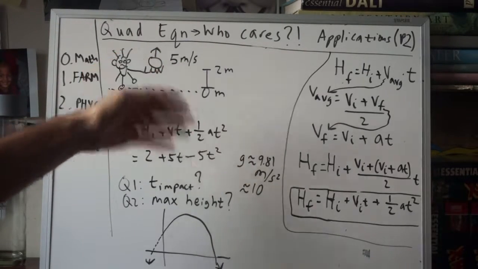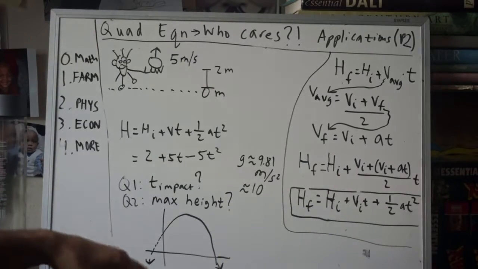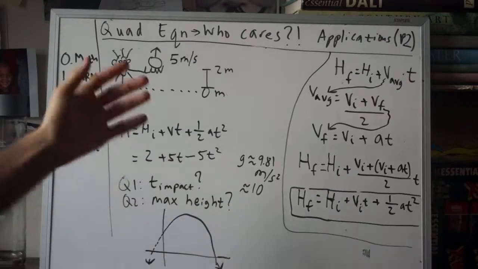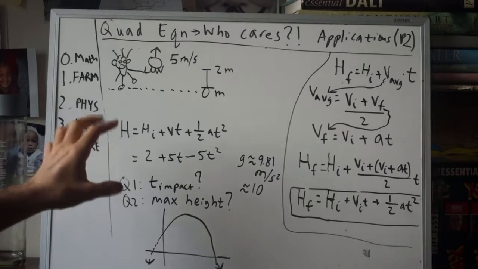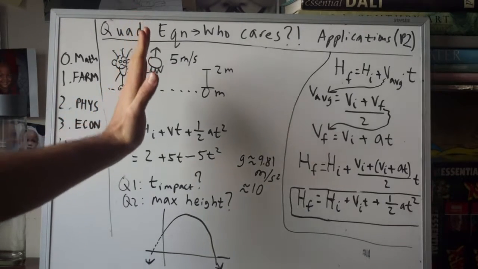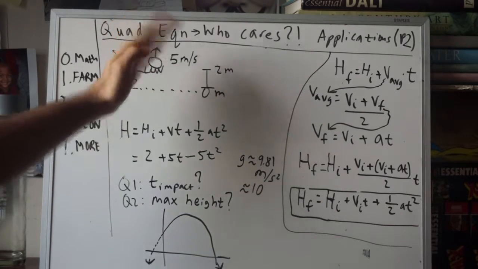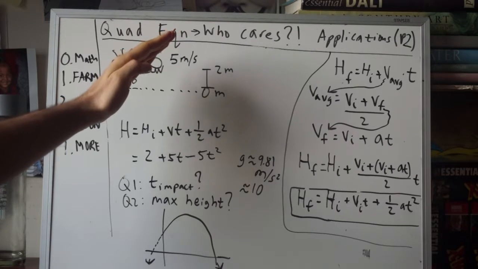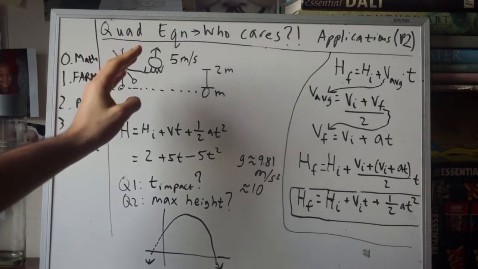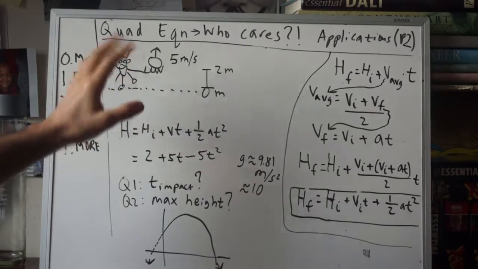Now, instead of a ball, you can have it be an arrow, it could be a rocket, it could be a water fountain, it could be whatever you want. Now, in general, this angle doesn't have to be straight up in the air. It could be at a tilt. And to do that, we're going to need some more math called trigonometry, which we haven't studied yet, but just know that you could do that.